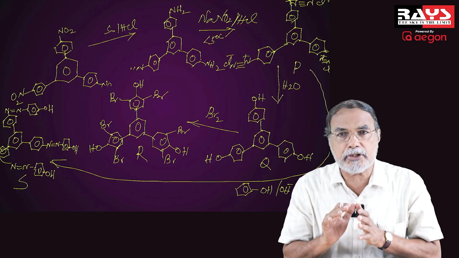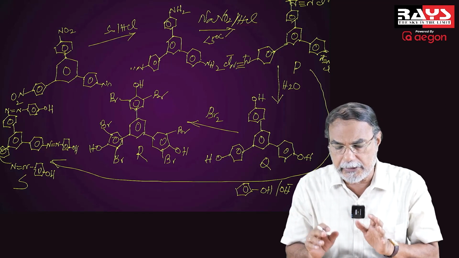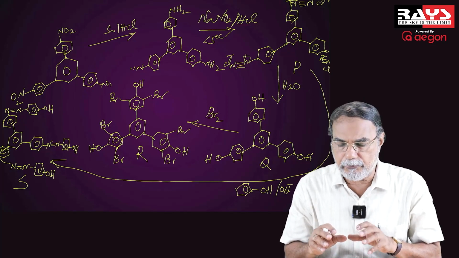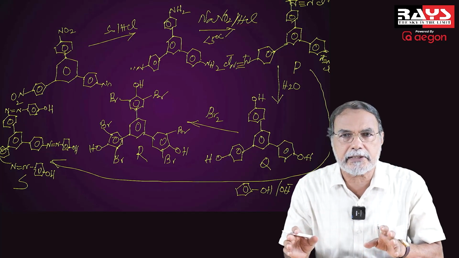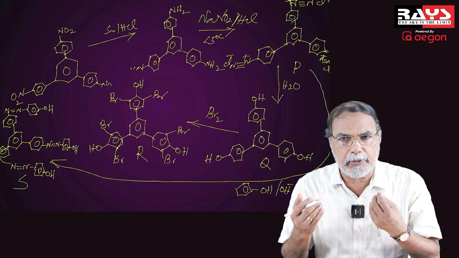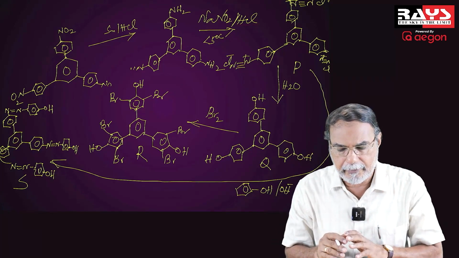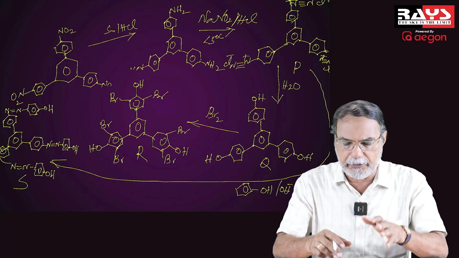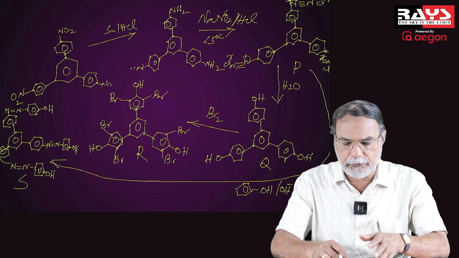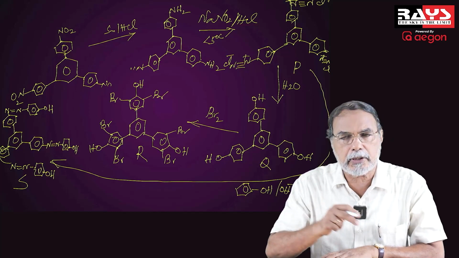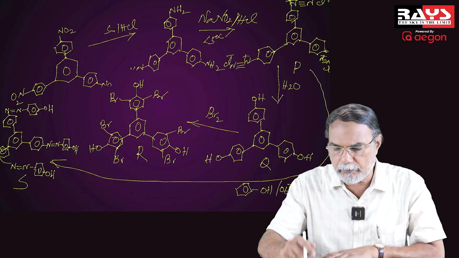And this chemistry is not at all difficult. The only thing is that the molecules involved are somewhat big, and if you want to write the complete structures, it takes time, but you need not write the complete structures. You can do things of this sort even in your mind. It's a symmetrical molecule with the nitrobenzene units at 1, 3, 5. That's the starting compound. Then the nitro groups become amino groups. The amino groups become diazonium groups.